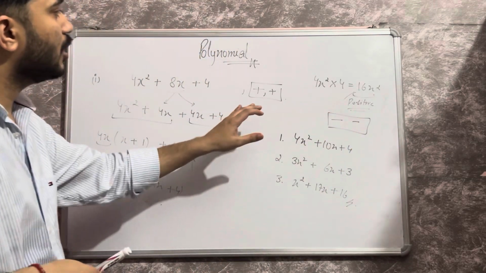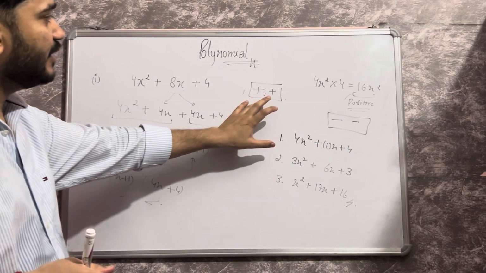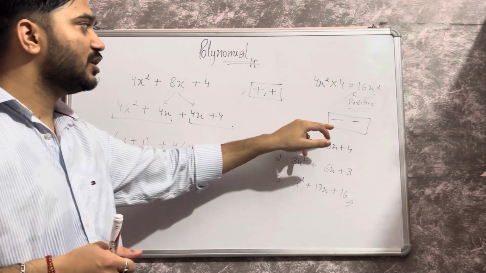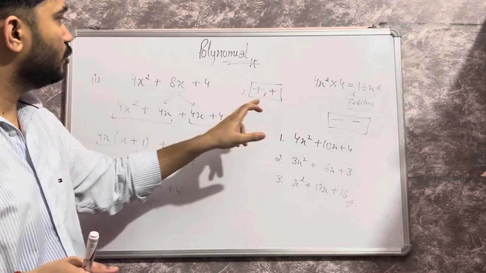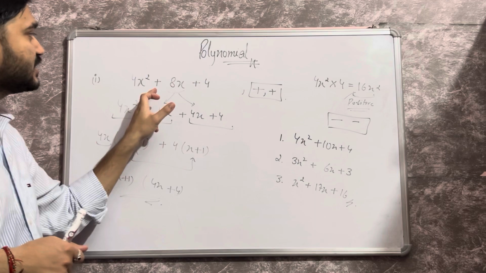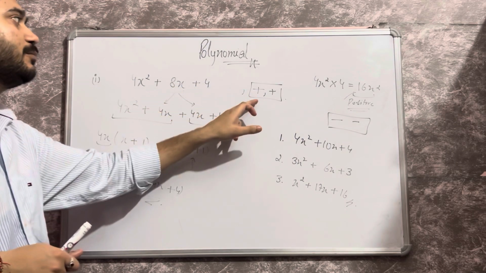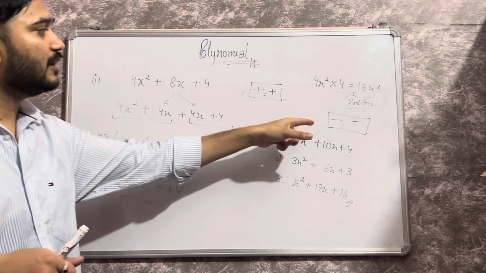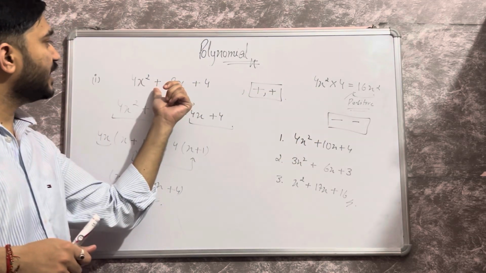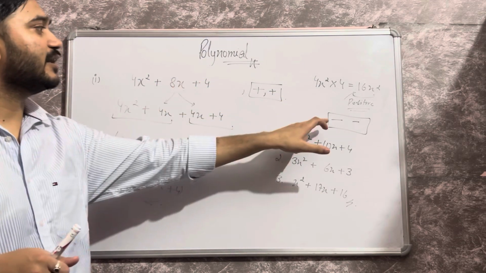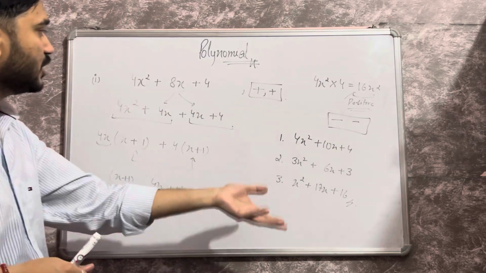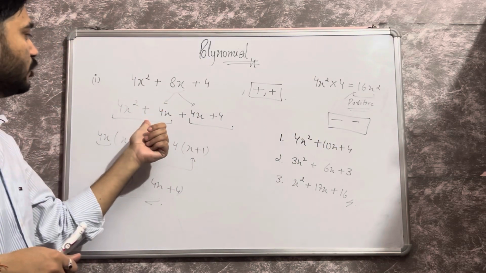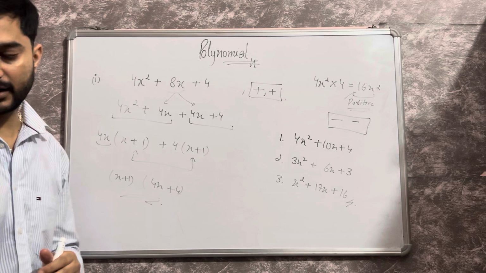How are you going to decide whether it is a plus plus variation or minus minus variation? Look at the middle term. If the sign here is plus, it is going to be a plus plus variation, that you are going to split the two answers in plus plus. And if the sign here is negative, it is a minus minus variation that we are going to study next, and we are going to split this answer in minus minus.